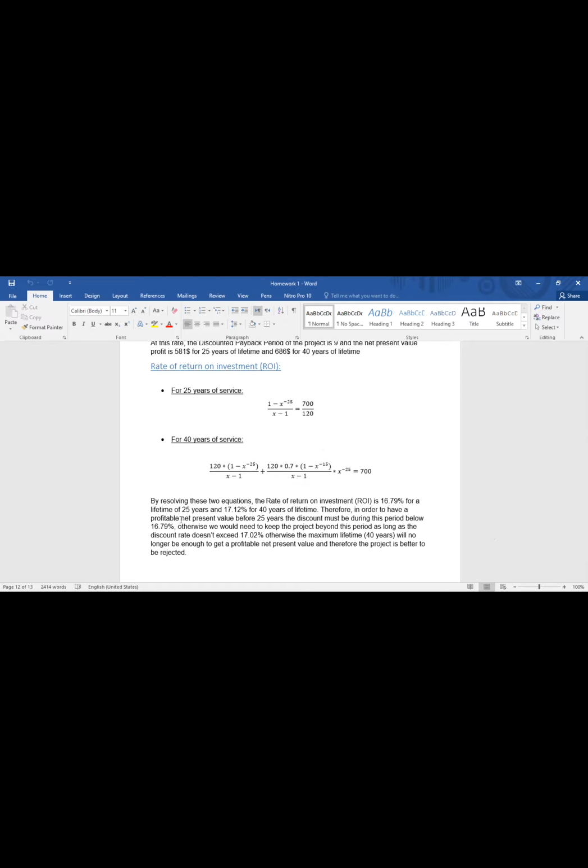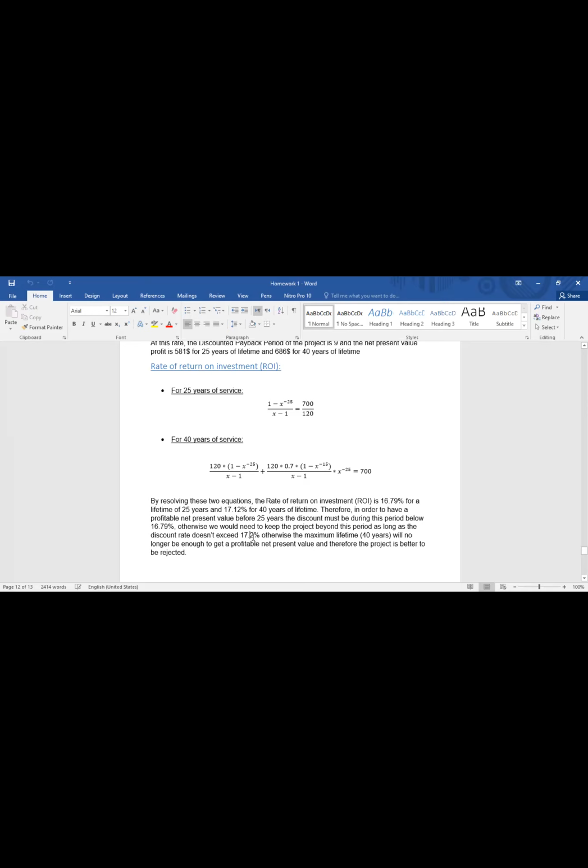Therefore, in order to have a profitable net present value within 25 years, the discount rate must be below 16.79%. Otherwise, we will need to keep the project between 25 and 40 years to have a profit.